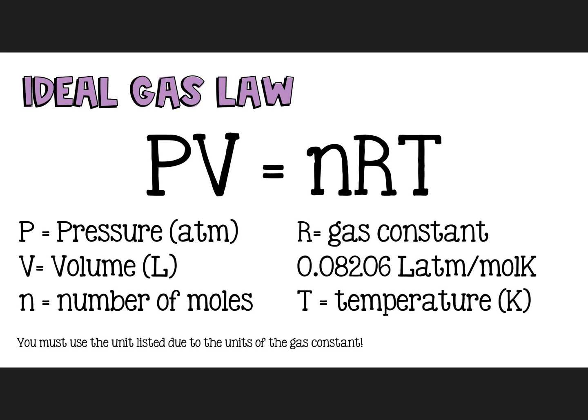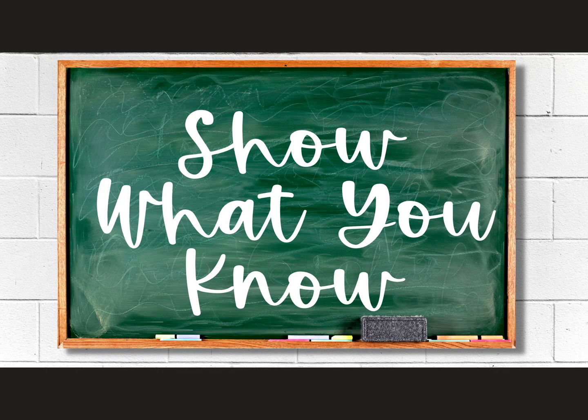Make sure you use the units listed here because otherwise they won't match the units of the gas constant, so the units won't cancel out and leave you what you're looking for. Now, try the show what you know questions, and when you are done, you can resume and check your answers.